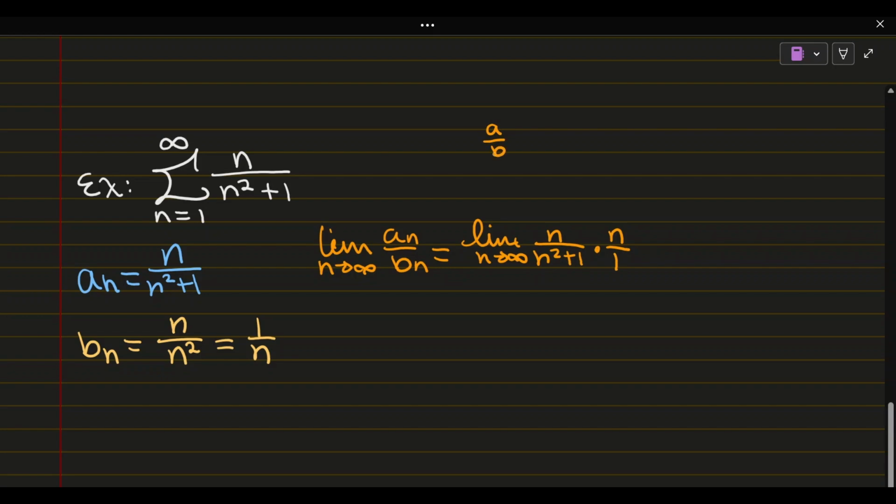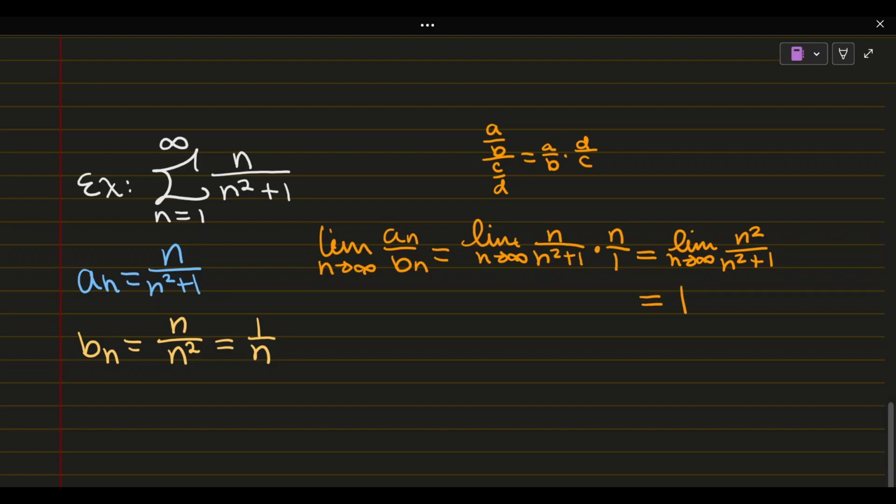Because if I have a over b over c over d, that's the same as a over b times d over c. So I just went ahead and flipped it already. This is the limit as n goes to infinity of n squared over n squared plus 1. And you should know that that limit is just 1.